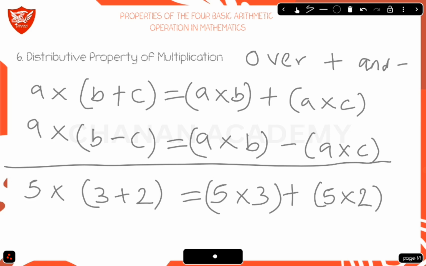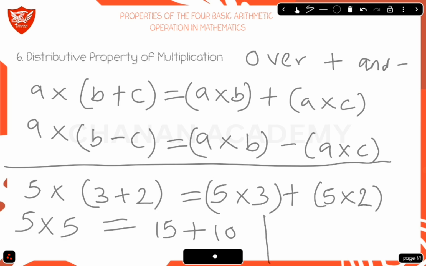What would the value be? 3 plus 2 is 5. 5 times 3 is 15. 5 times 2 is 10, plus 10.